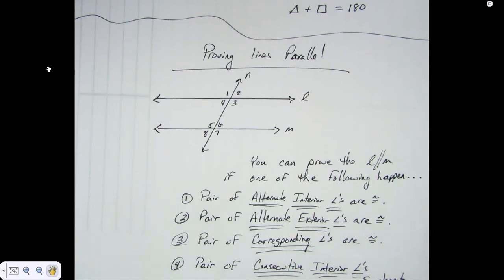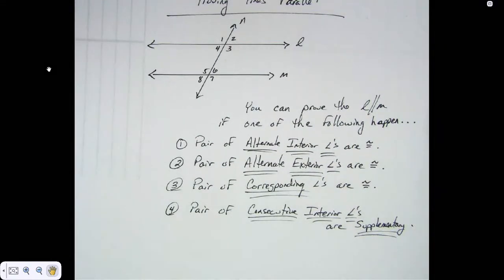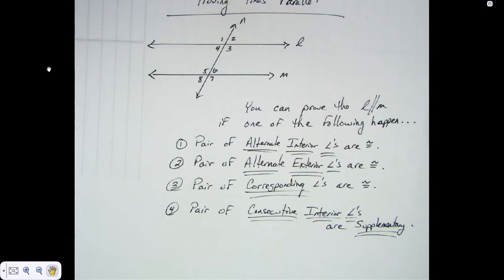Those are the ones that are different, right? You can prove any of those to be true, then you know the lines are what? Parallel.